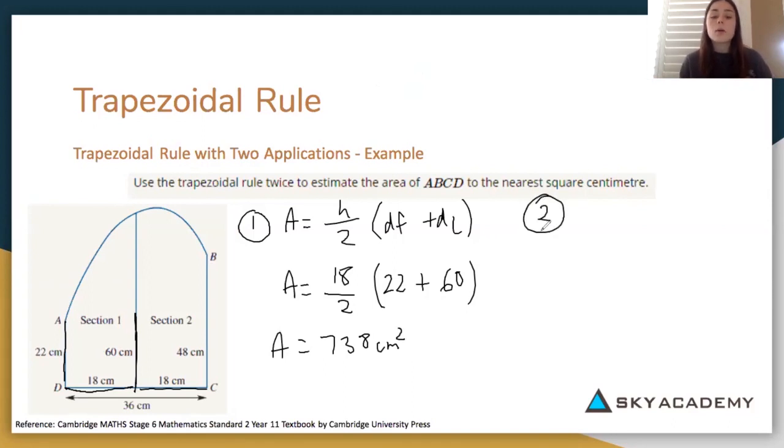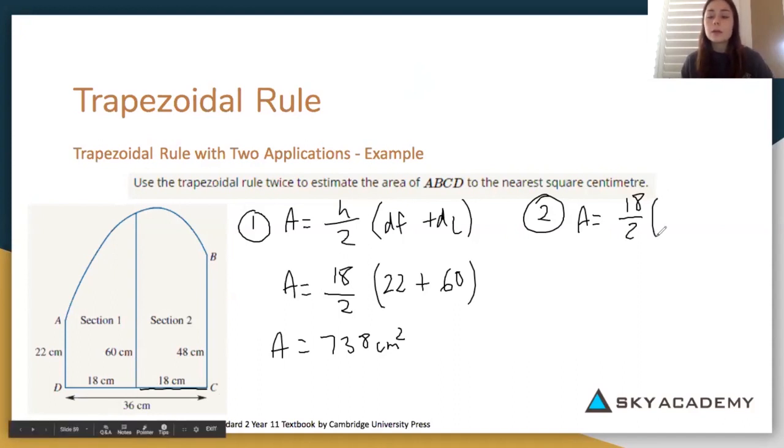So now let's have a go at doing our second application of the trapezoidal rule. So we still are going to use that same formula, so I'm not going to write it out again, but we have area equals 18 on 2 because our height or our distance between the parallel sides doesn't change. Then we're going to times it by the distance of the first plus the distance of the last.